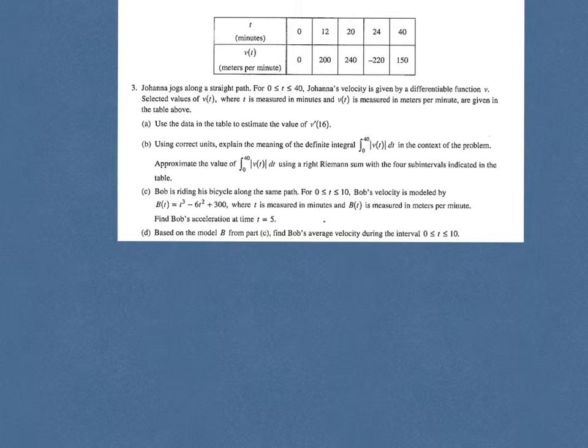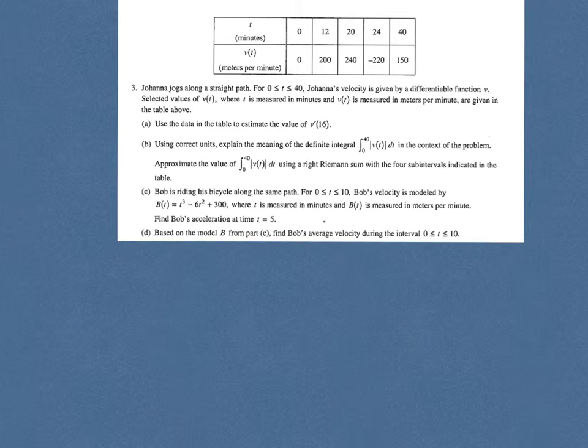On this one, use the data in the table to estimate the value of v prime of 16. That has become a fairly common question when they're giving you table data. There was one time when they would ask you to estimate something like v prime of 20, and there were multiple answers.